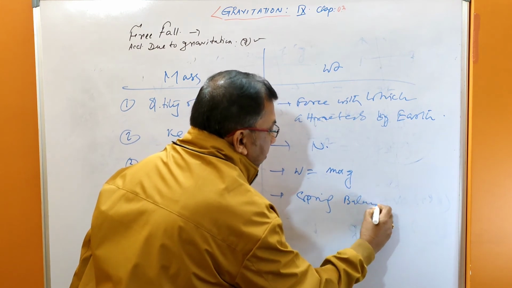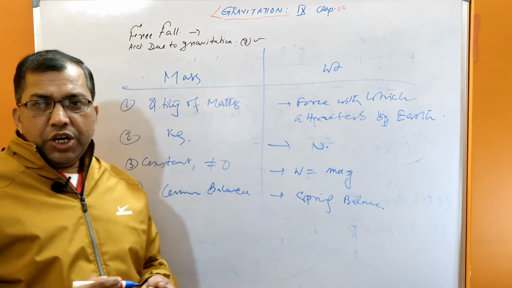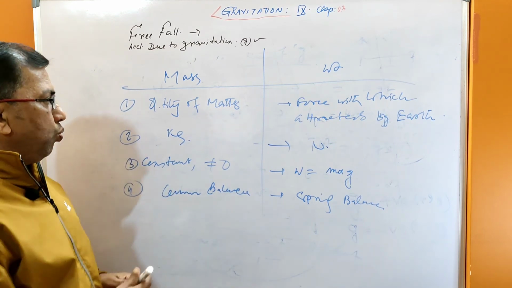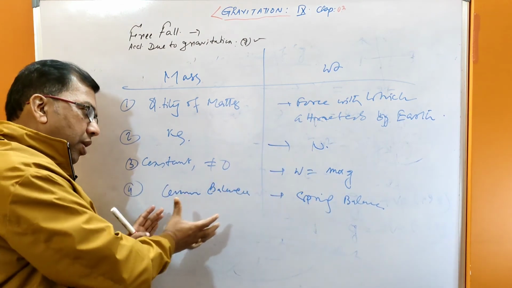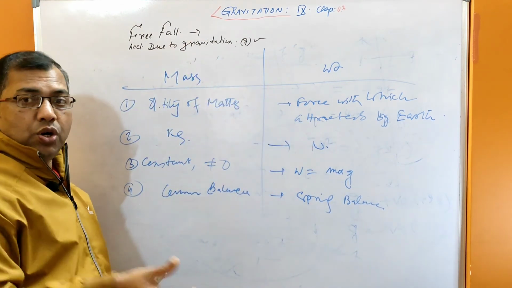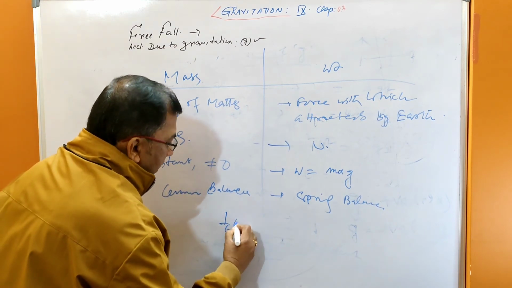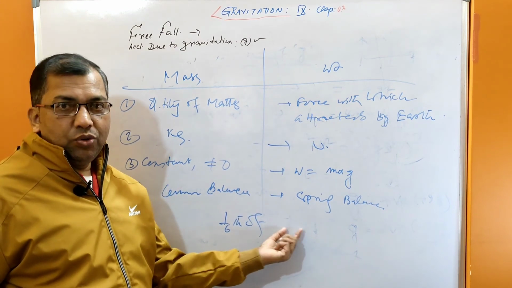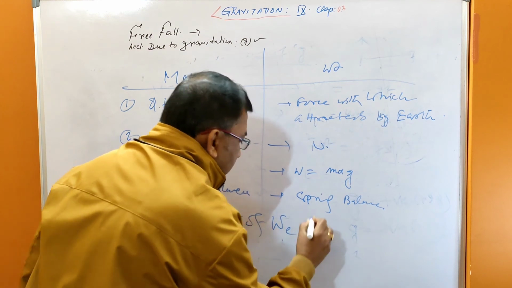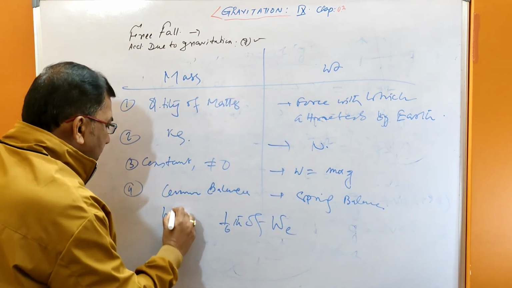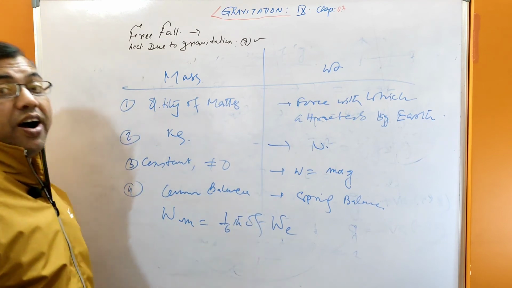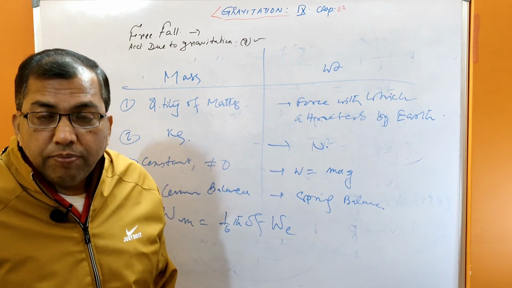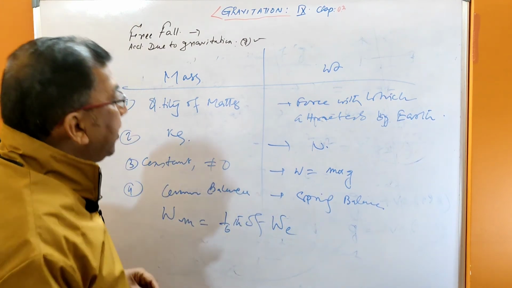The weight of the body on the moon: the mass of the body on earth and moon is the same, but the weight of the body on the moon will be 1/6 of the weight of the body on earth. So weight on moon equals 1/6 weight on earth. If your weight here is 30 kg, there it will be 5 kg. Clear?